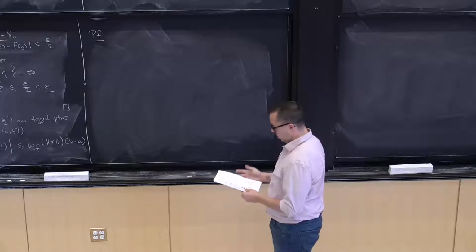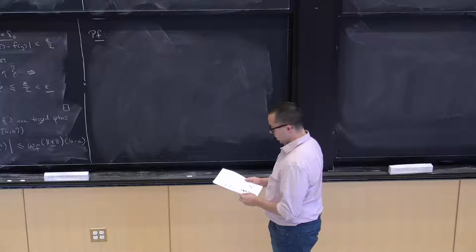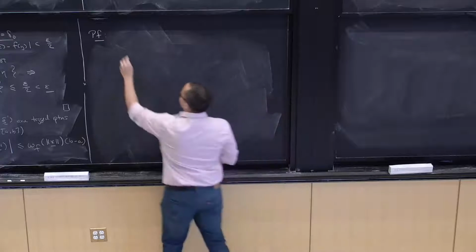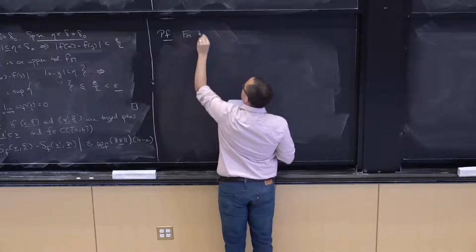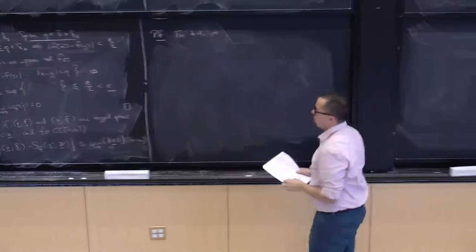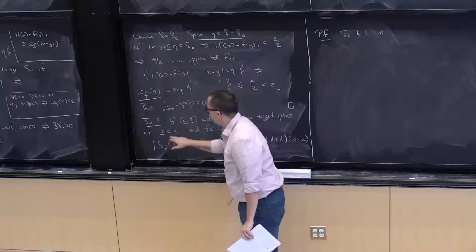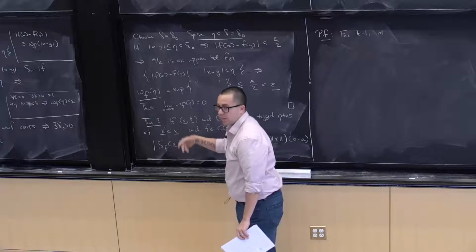Okay, so the idea is very simple. It's just going to take me a little bit to write down. Like I said, this partition being contained in the other means this partition has all the points in x and then some more.